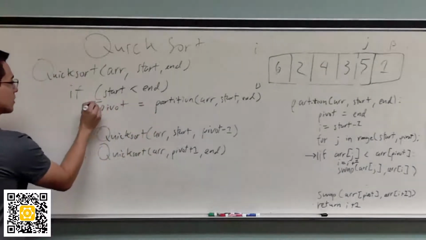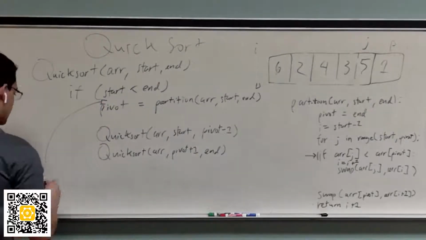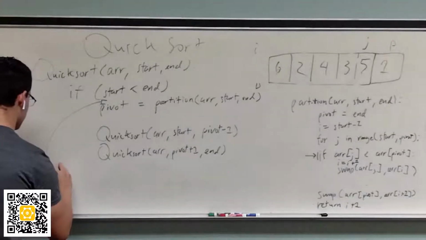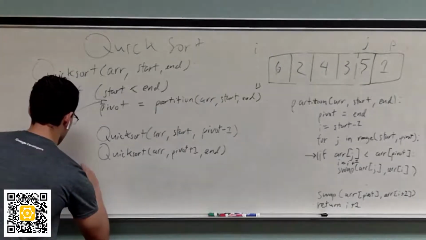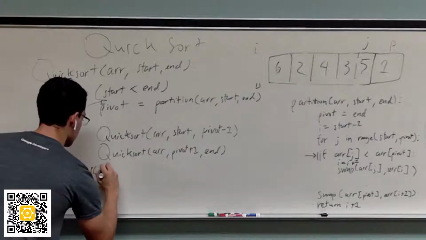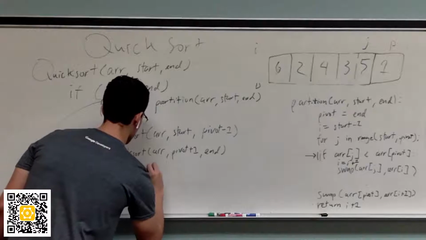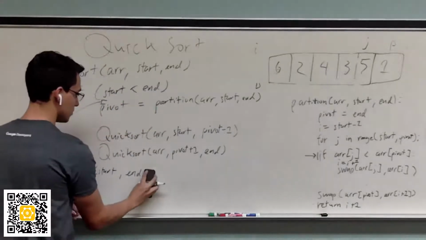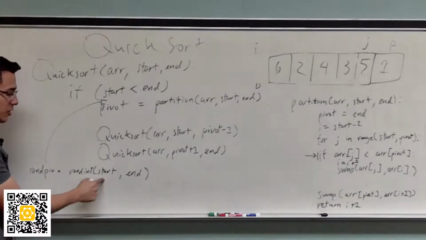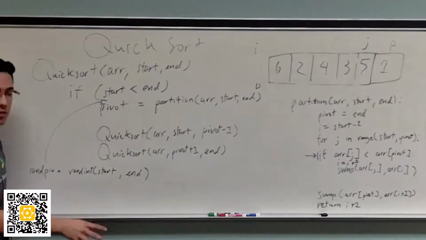so let's say here I did rand piv equals rand int between the start and the end minus 1. Well, actually, random integer from start to end, and end is not going to be an option because it's left out as always.